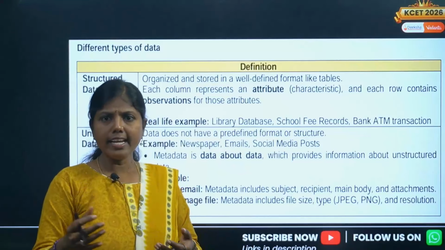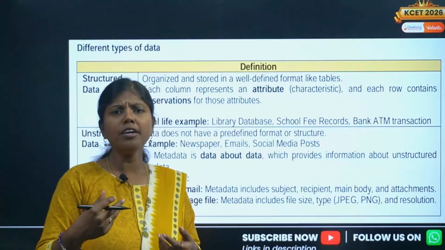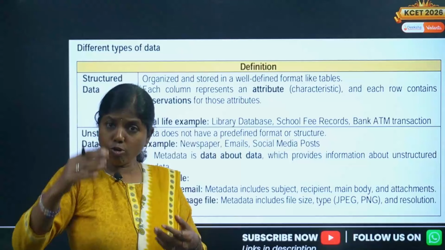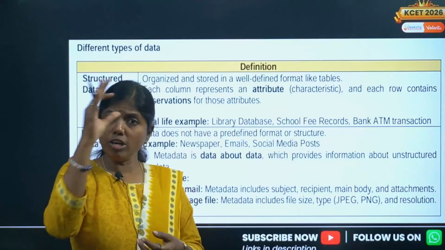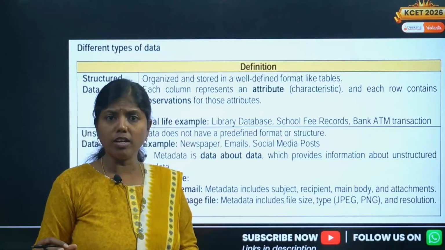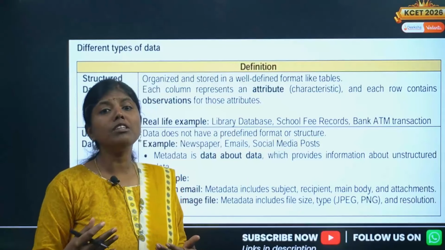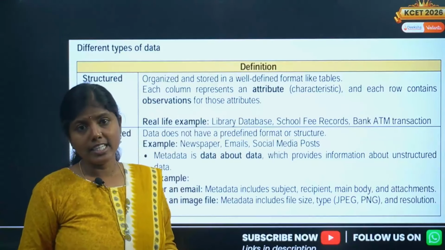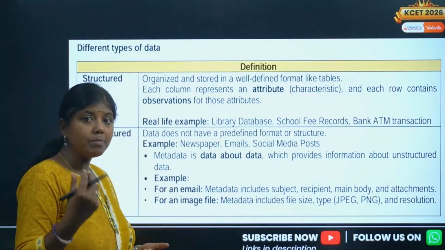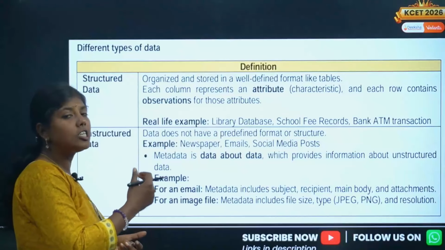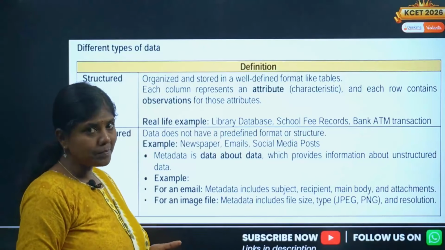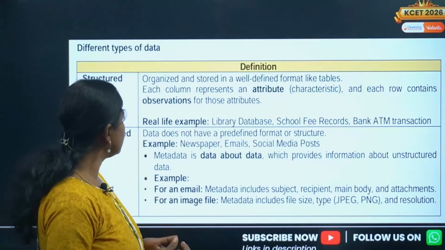On the second day, I can have some important images and only text. And the next day, only images, no text, or someone's birthday. So there is no particular format. A newspaper is a very good example. A website is also a very good example of the unstructured data type. Is the point clear?